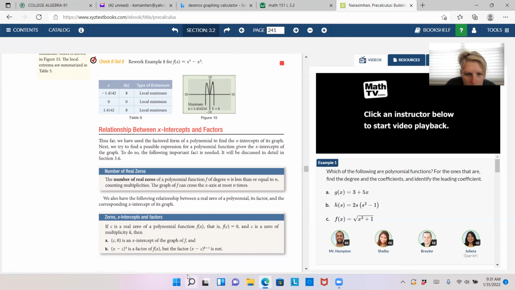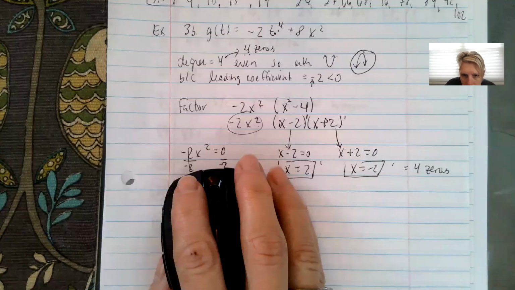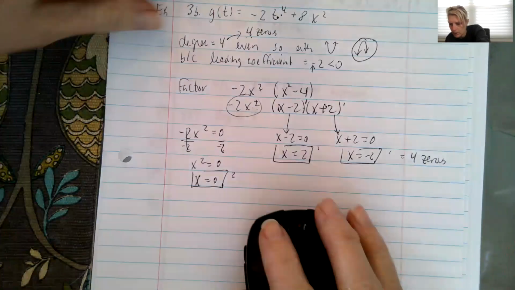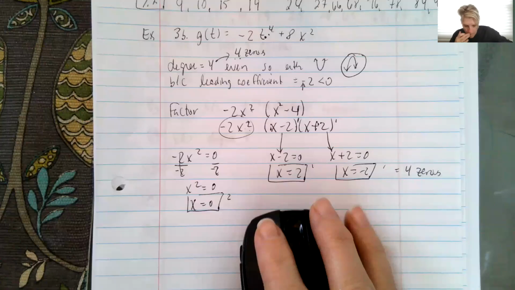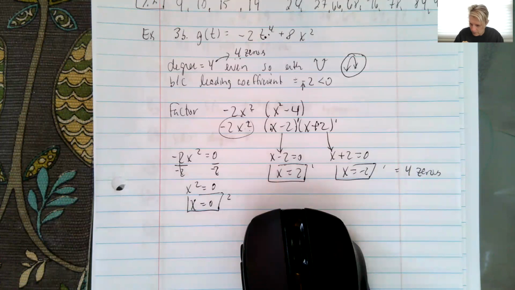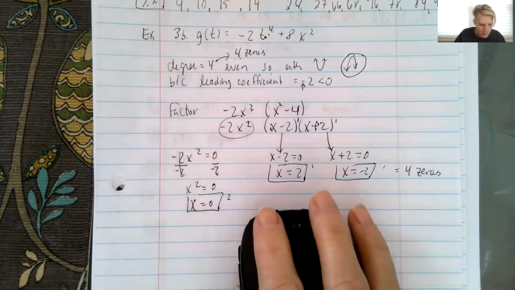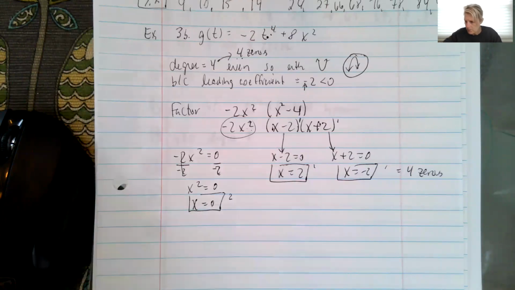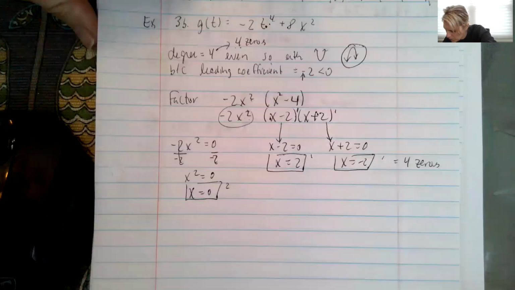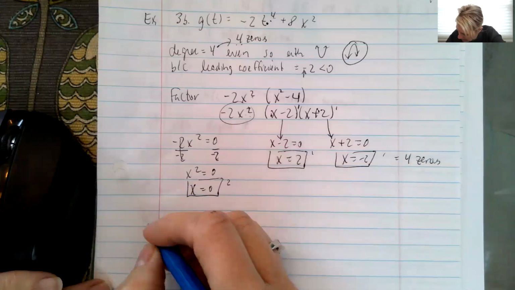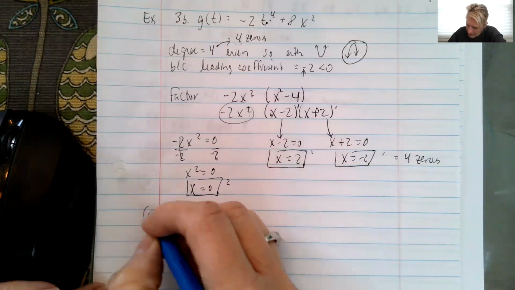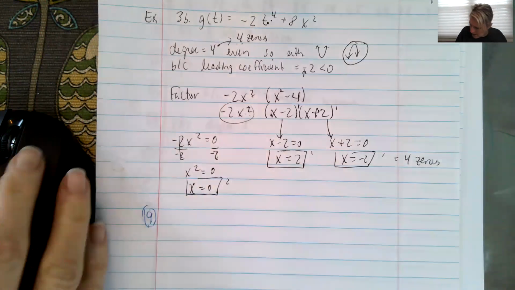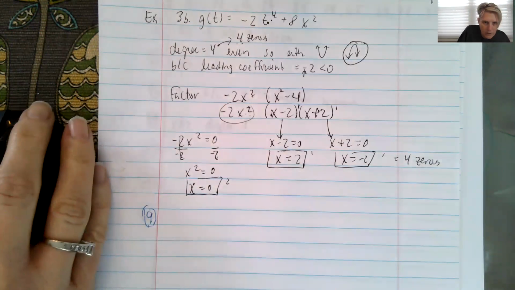Okay, so let's go ahead to my paper and we're going to do some examples in the book. So if you can open up your book to look at problem number 9. We're going to look at starting at number 9 here. And 9 and 10 are both pictures.